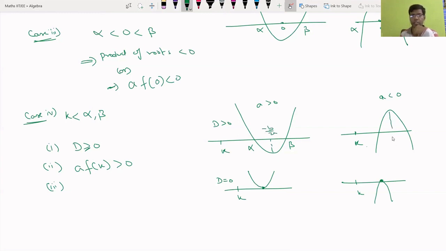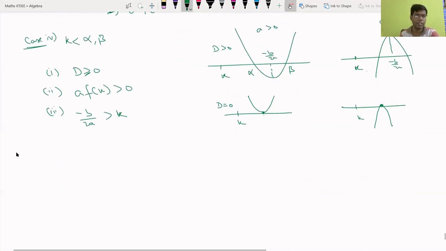In this case also this is minus b by 2a, and here also this is minus b by 2a. So minus b by 2a is always greater than k. It's nothing but the previous case where we had 0, that 0 we are replacing here with k. It's exactly the same.